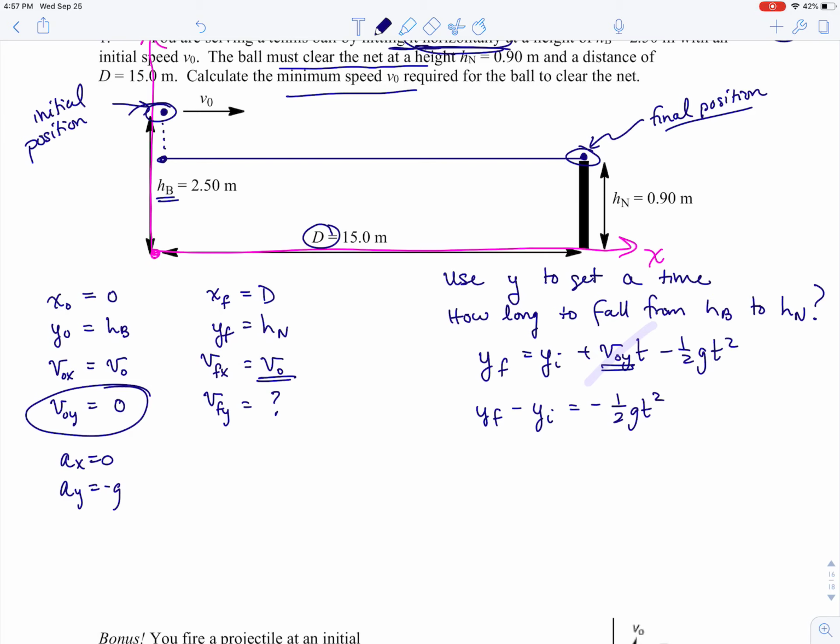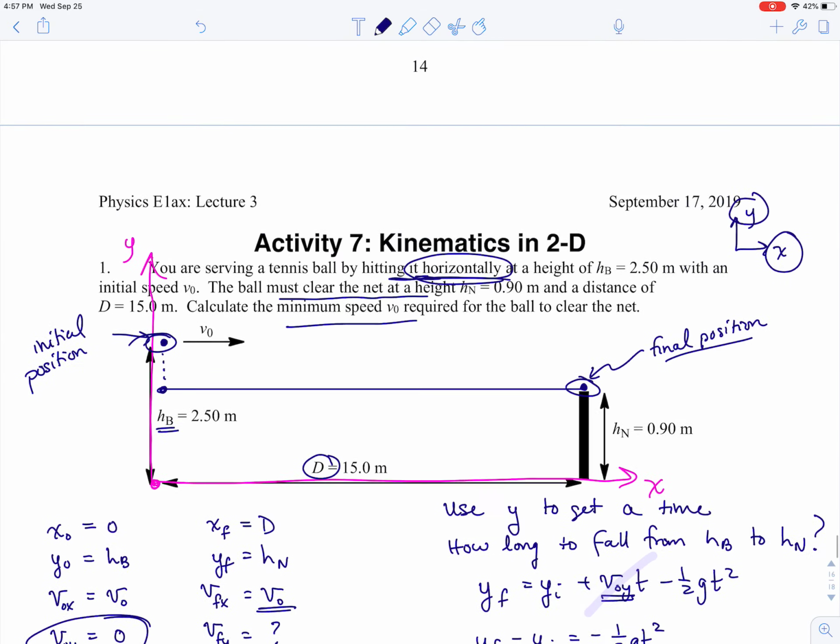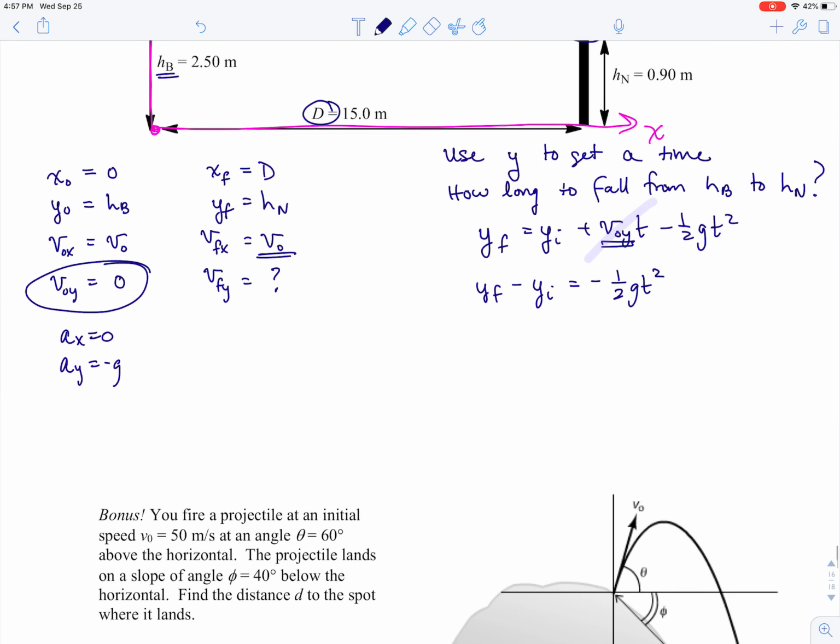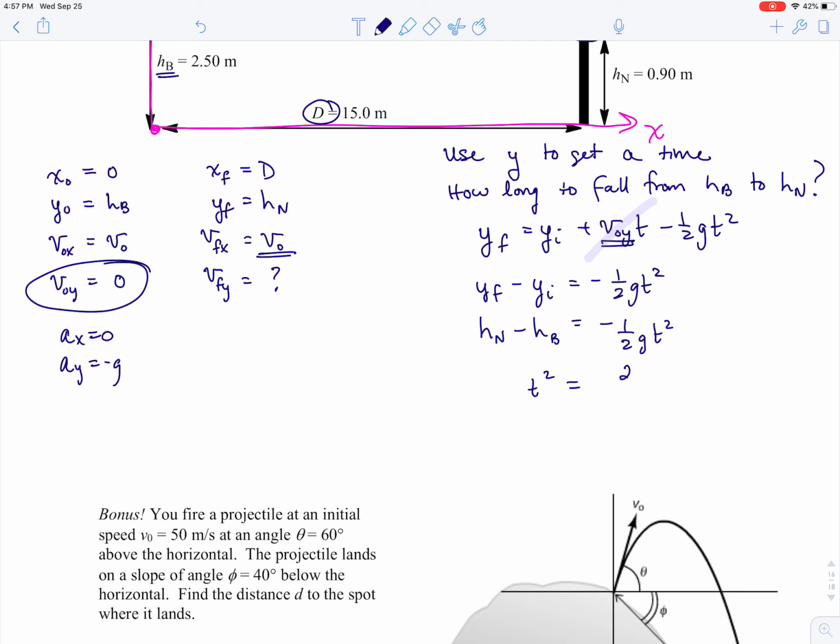And now we know what y final is. Y final is hn, and the initial is hb, and that's minus 1/2 g t squared. So now we just have to solve this equation for t. So let's see, if we put t squared over here, then we're going to have 2. There's a minus sign, so we flip these. Divide by g. And then let's just take the square root also.